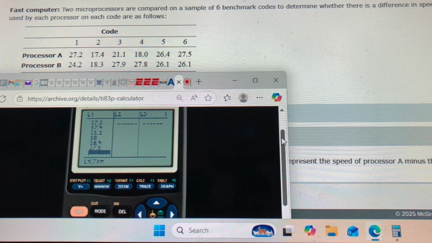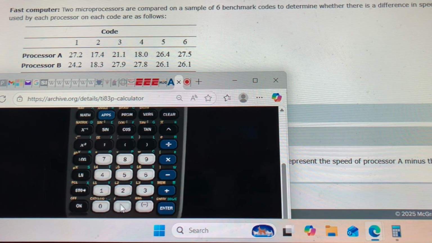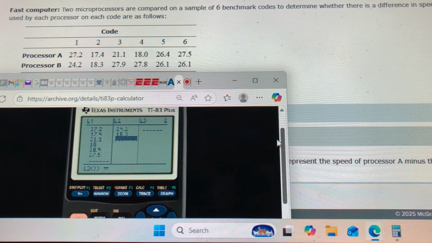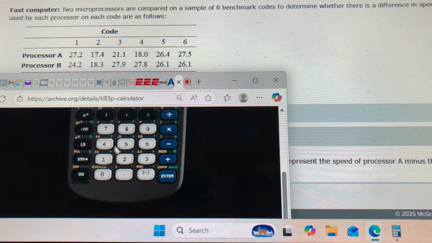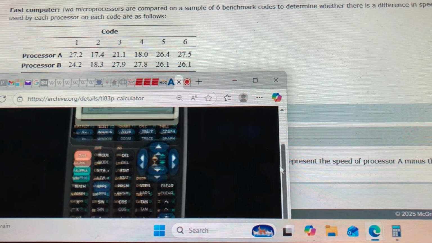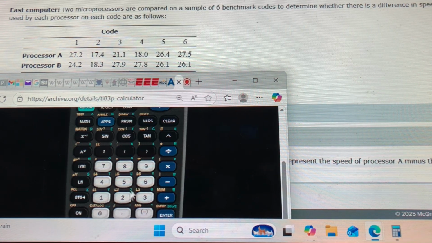Now right arrow over to L2 and put these other 6 numbers in there: 24.2, 18.3, 27.9, 27.8, 20, and a couple of 26.1s, 26.1, 26.1.